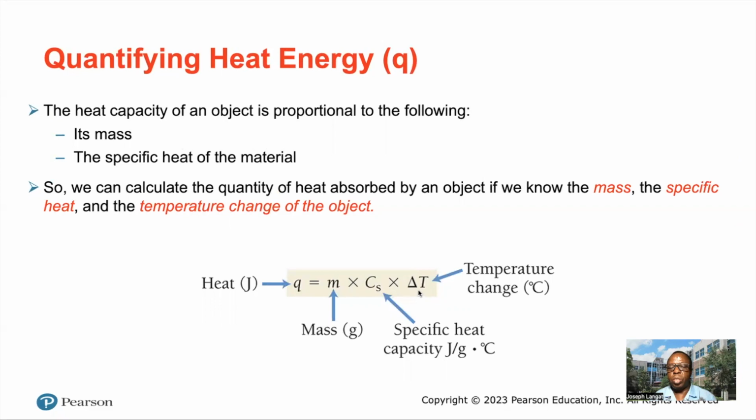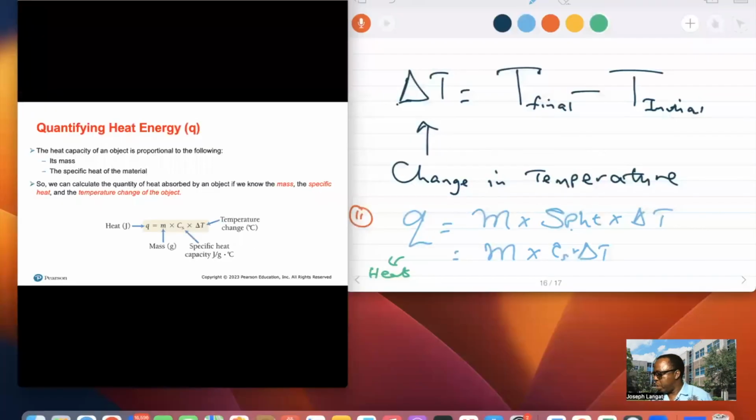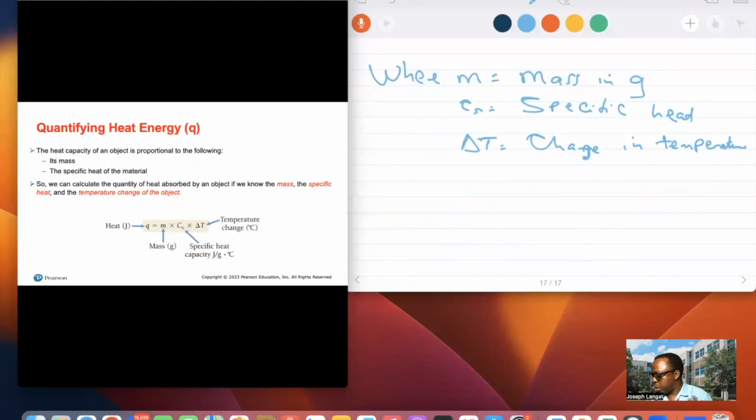So this is the change in temperature, which is final minus initial. Cs means specific heat. And remember the units so that when you cancel, you end up with joules. So Q equals mass in grams times joules per gram per degree Celsius times degrees Celsius.